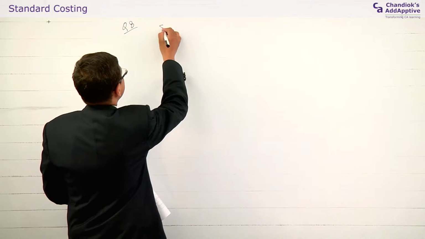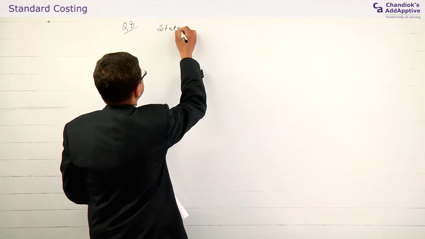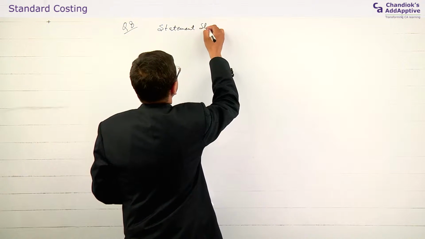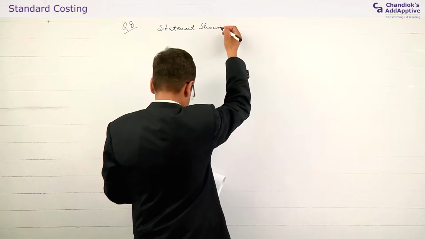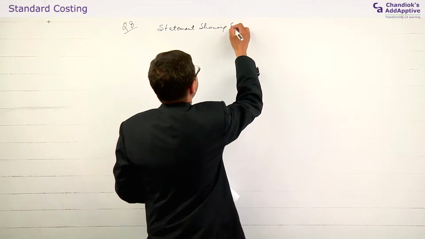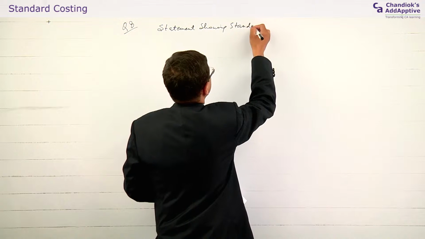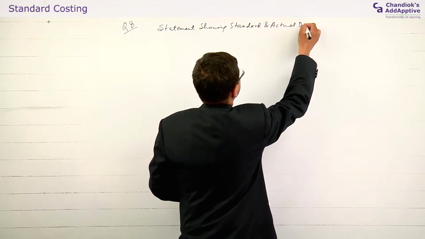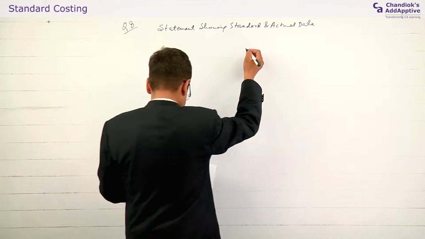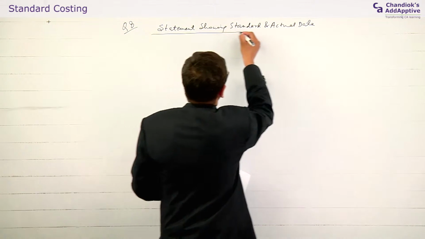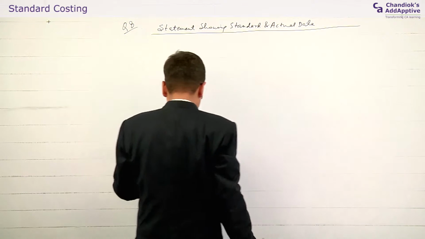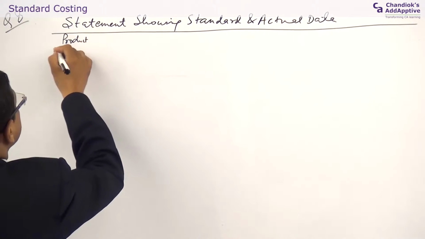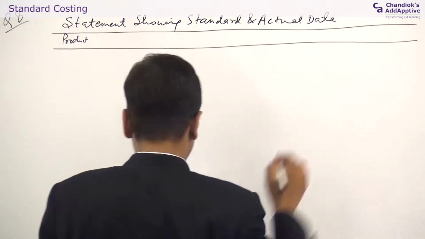You start by making a statement showing standard and actual data. You might notice some of the items given in the question have a question mark.